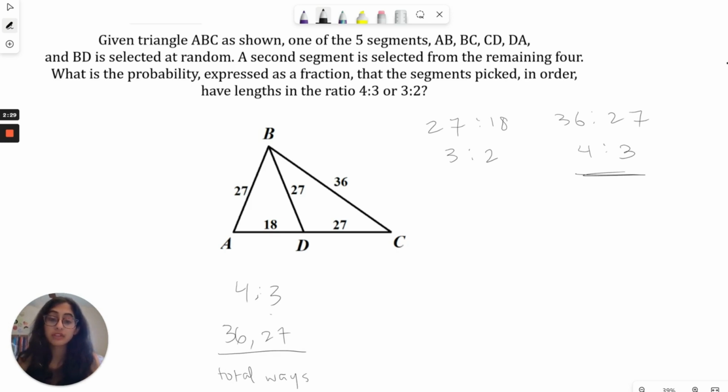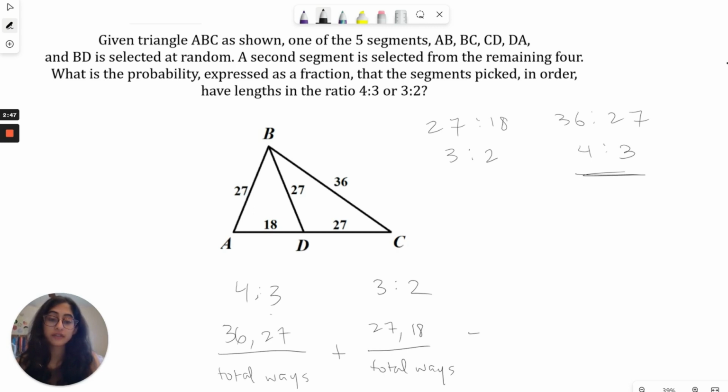We can do the same thing with a 3/2 ratio. The probability is the number of ways you can first pick 27 and then 18, all over the total ways you can pick 2 line segments.